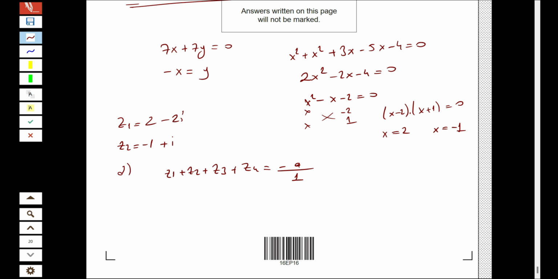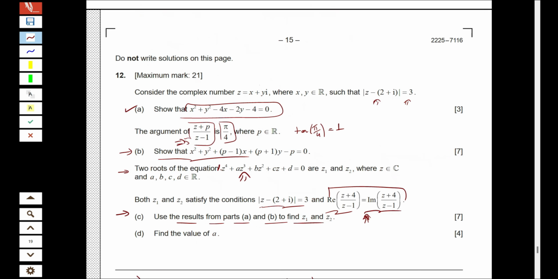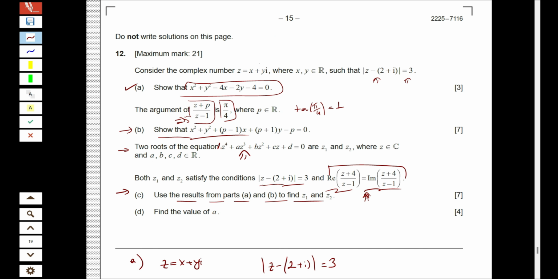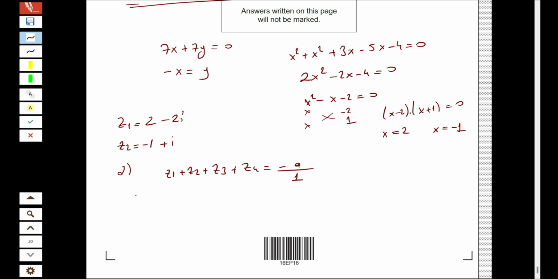Just be careful that all of the coefficients of this equation are real numbers. So the sum of all these complex numbers needs to be a real number, which means Z3 needs to be the conjugate of Z1, and Z4 can be the conjugate of Z2, right?